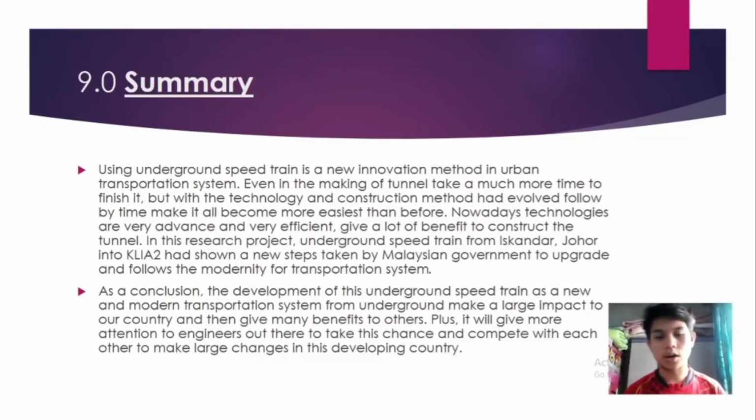All right, next is the summary. The underground speed train from Iskandar, Johor to KLIA 2 shows a new step taken by the Malaysian government to upgrade and follow modernity in the transportation system. As we know, Malaysia usually uses the old train, but now we have made a renovation.